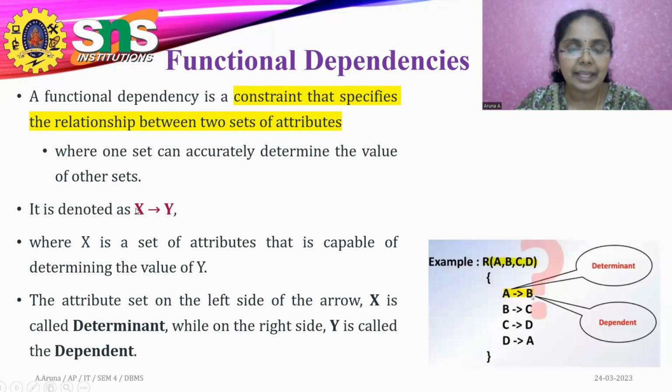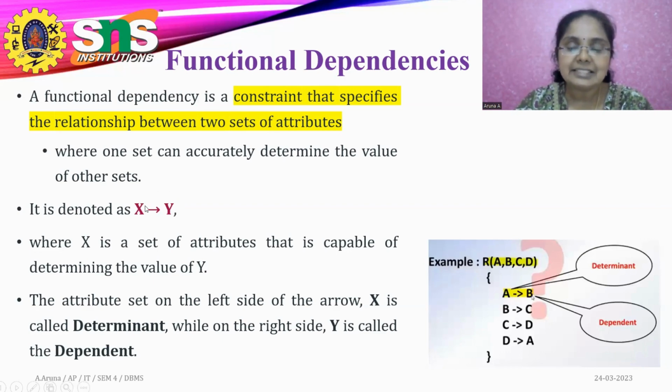Here X is the determinant and Y is the dependent. For example, if X determines the value of Y, then we can call that particular relation a functional dependency. This is the general notation for denoting functional dependencies.